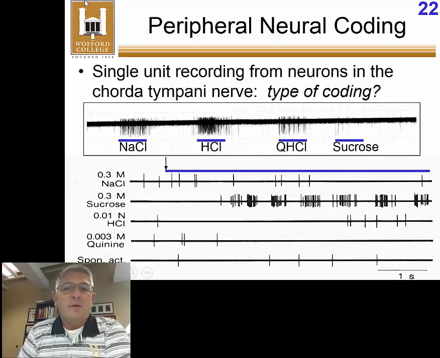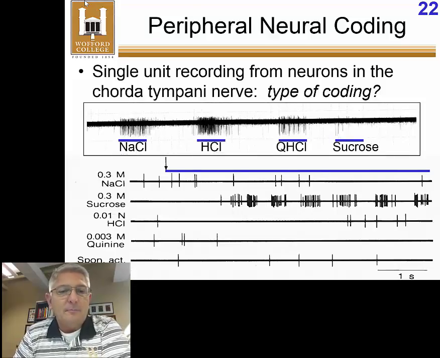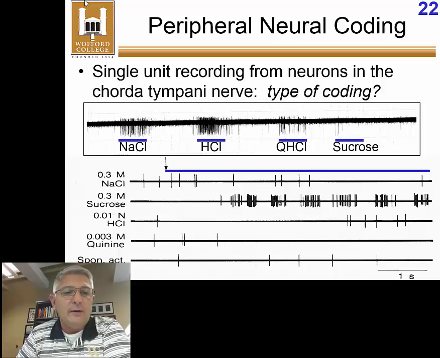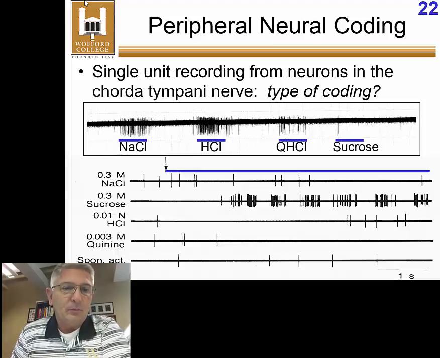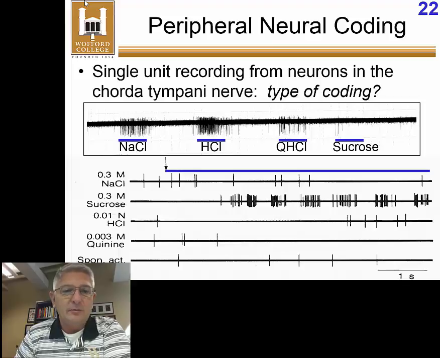All right, now a second neuron. Here we have water in between the blue lines, and we have salt, sour, bitter, and sucrose. And what do you notice about the responding patterns for salt, sour, bitter, and sucrose? Do they look different if you just look at the action potentials?